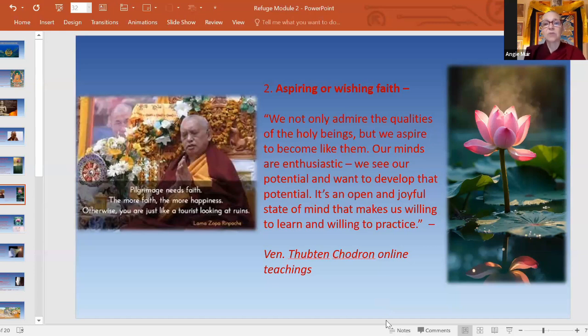So our minds become even more open, more enthusiastic, more joyful when we hear some of the teachings. And again, we might not have this for all the aspects of the teachings, but for those that we do, we work on them, we start to develop deeper understanding and conviction in those aspects of the teachings.